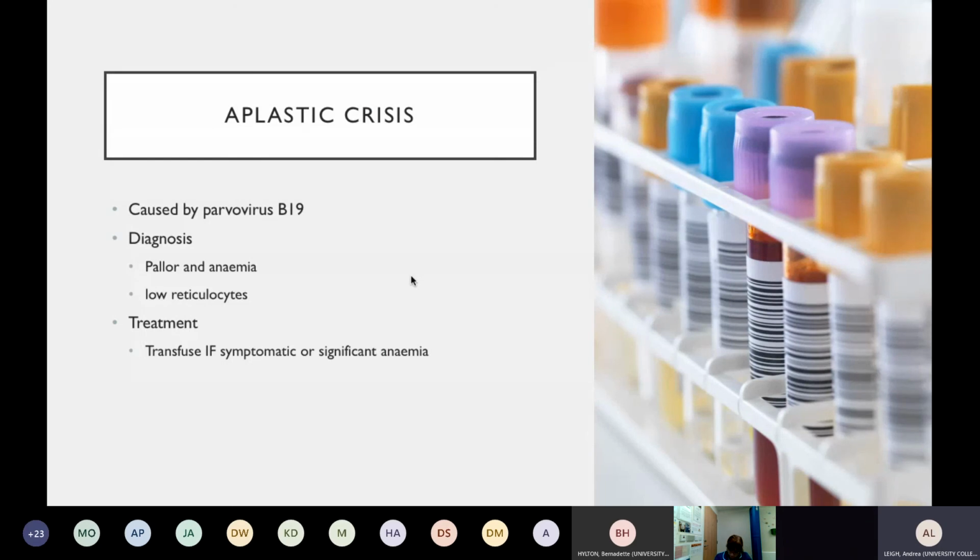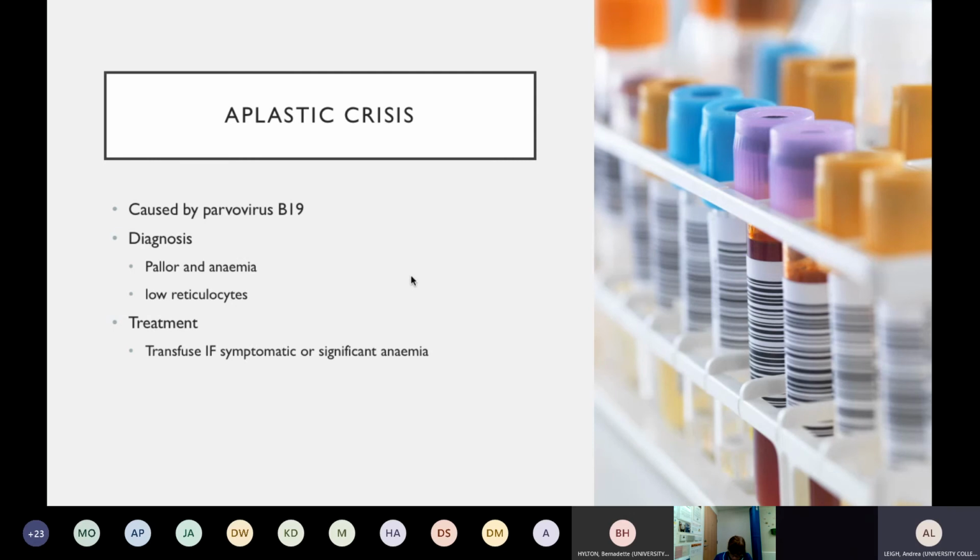Aplastic crisis, somebody mentioned that they had seen. So the classic finding: a child comes in to A&E and is significantly anemic. They may have dropped their hemoglobin to 40 or 50. The second question after what's the hemoglobin is what's the retic count. The reticulocytes, as you know, are the young red cells.